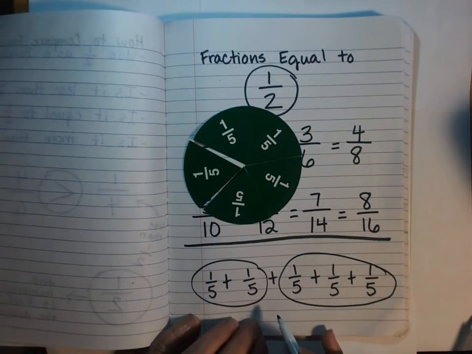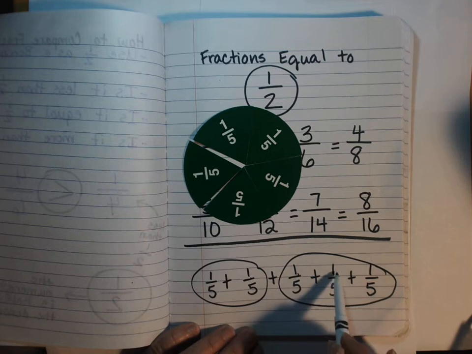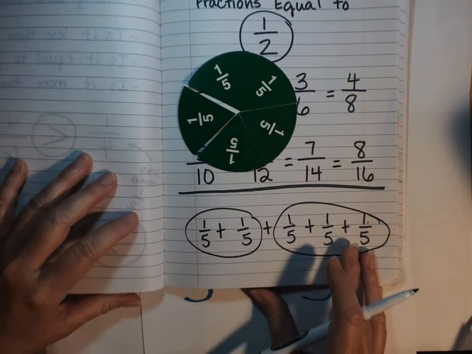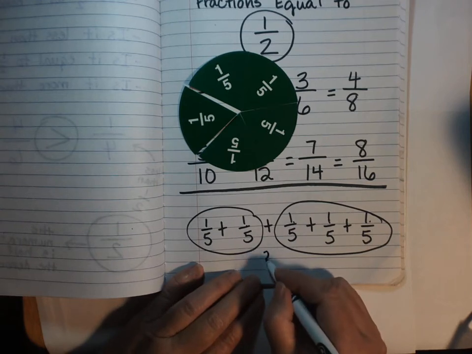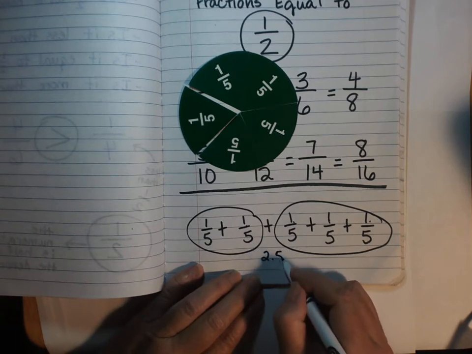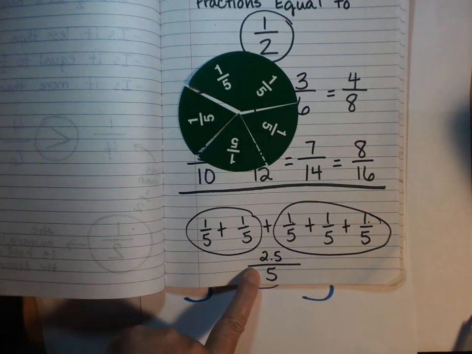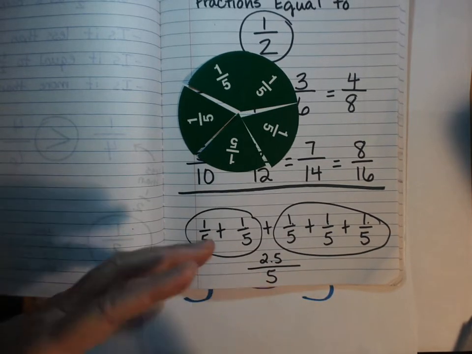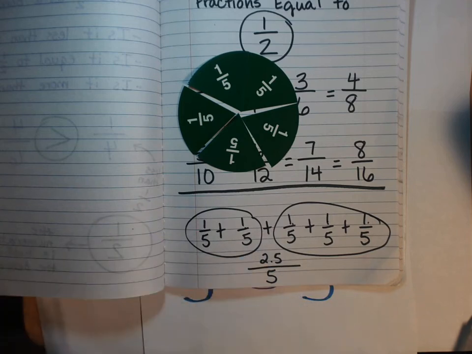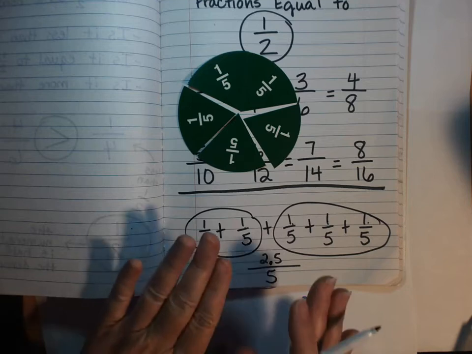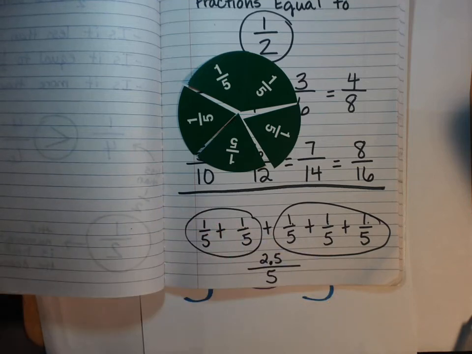If I have fifths, 1, 2, 3, 4, 5, what's half of 5? 2.5 fifths, and that's not a real fraction. But you can think of it like half of 5 is 2.5. That's not a real fraction, so don't ever write a fraction like that. But you can still think of it that way when you're comparing fractions.